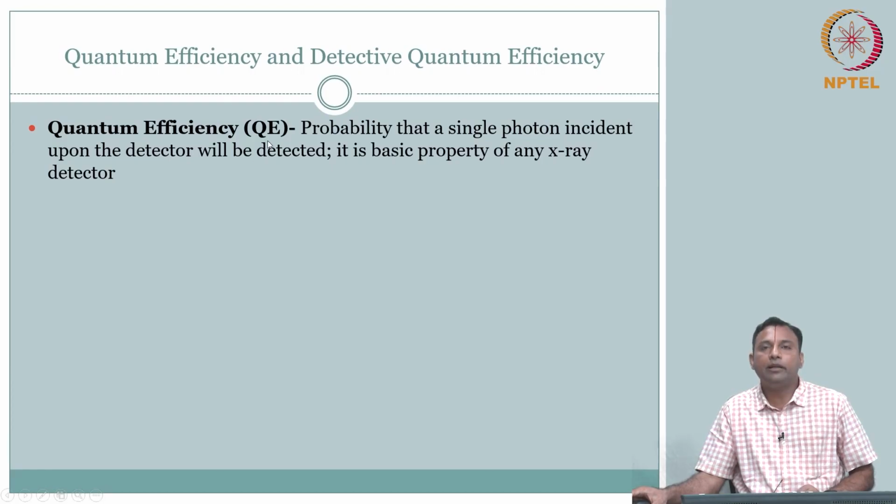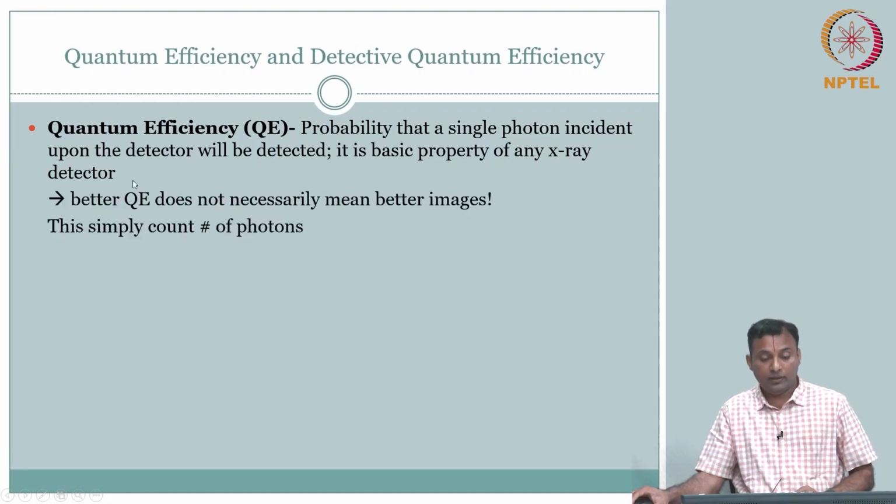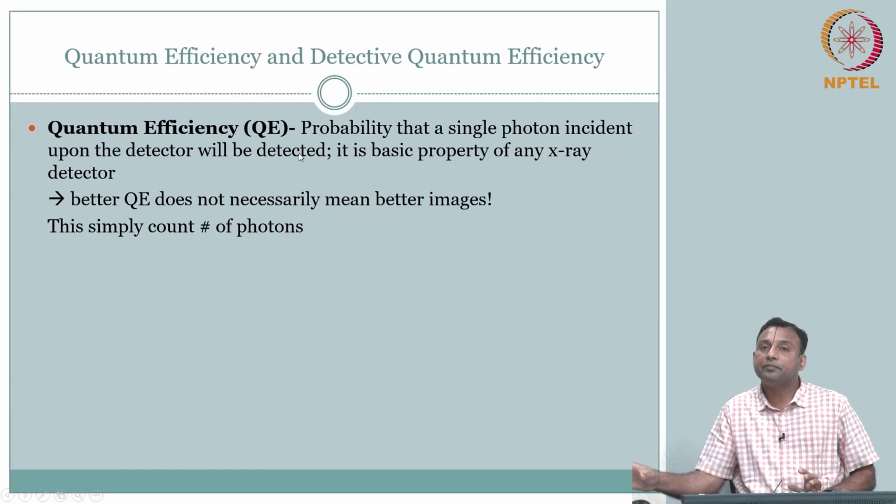Now the question is, when you say probability, we can have this number, right? I can have some number for efficiency, 30%, 40%, 20%, whatever you can think of. If I have a better QE, numerically a larger QE, does it mean that is the best detector that we want to use?